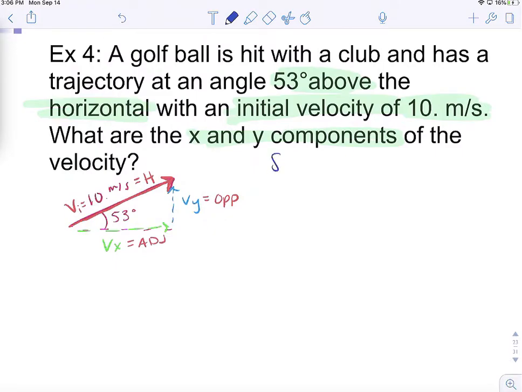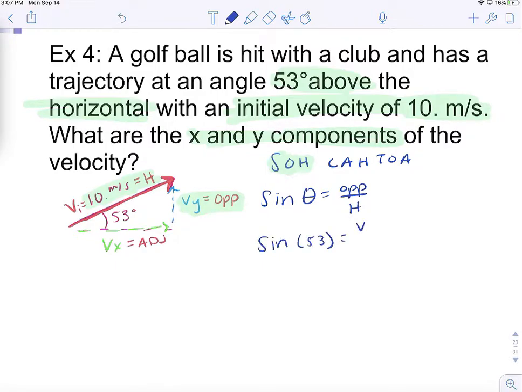So I'm basically going to find the sides of this triangle to find these different velocities here. So I will use SOHCAHTOA. And if I'm looking for my y component, I know I'm looking for the opposite side, and I know the hypotenuse, so I'm going to choose the trig function with both opposite and hypotenuse in it. That is sine. So sine of theta equals opposite over hypotenuse. Sine of 53 would be my y velocity, my y component over 10.